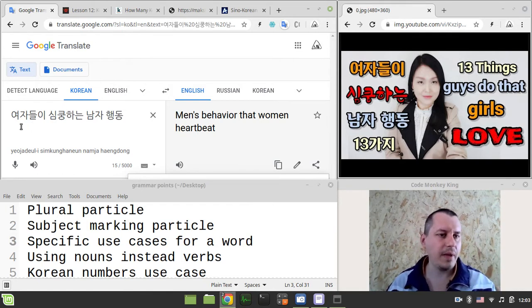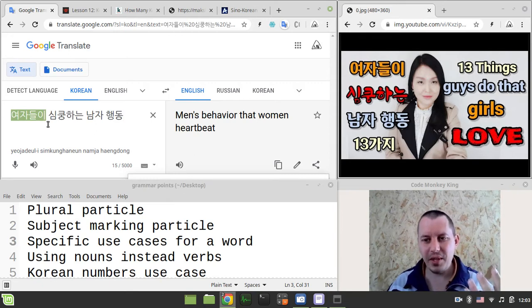So we have 여자들이, from the women's community perspective, 심구하는, 여자들이 심구하는 남자 행동. So the topic is heartbeat, the heartbeat within this women's community.